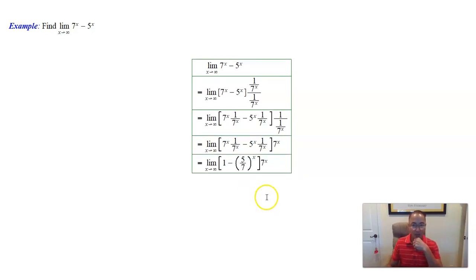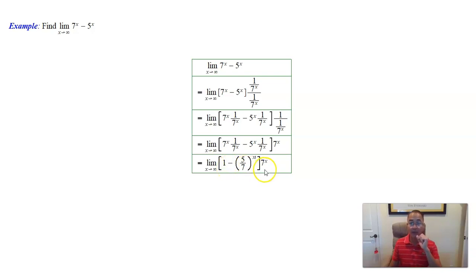So do we have something better now? That's the million-dollar question. 5 over 7 to the x will approach 0 as x goes to positive infinity, because the base is between 0 and 1. So that approaches 0. So the base approaches, I'm sorry, this expression just approaches 1.